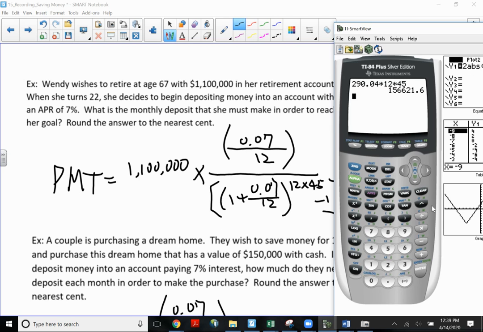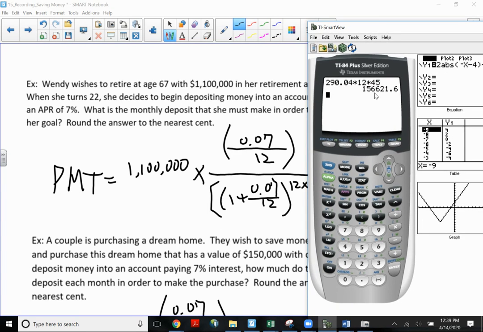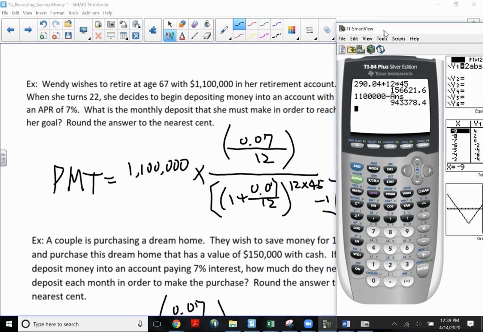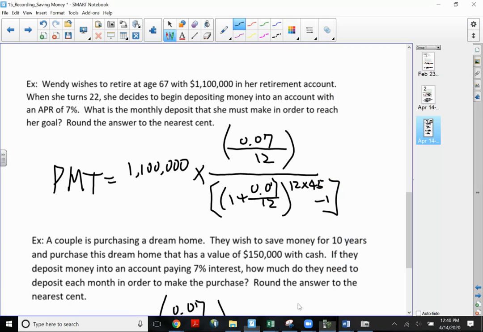Think about this. For the 45 years, she actually put in $156,000, but that $156,000 actually earned her $943,378 in interest. So this is how the math is done. So think about it.